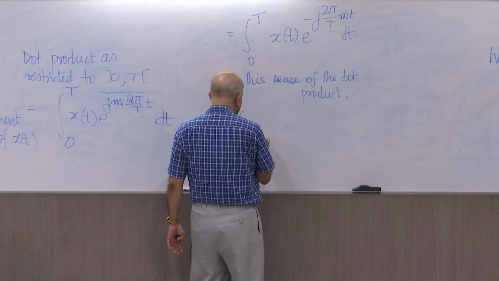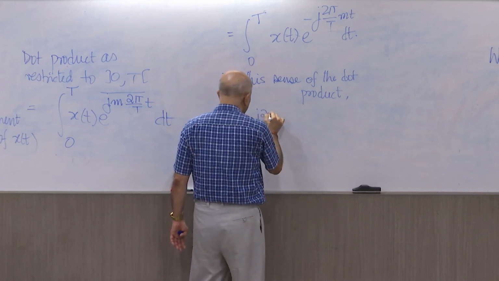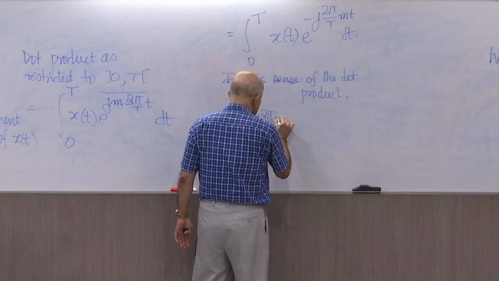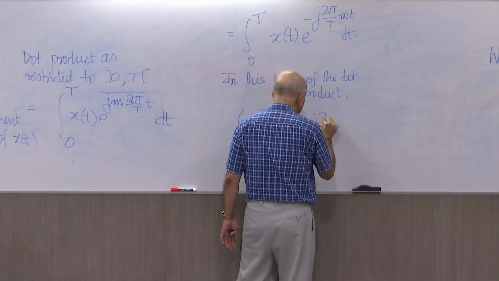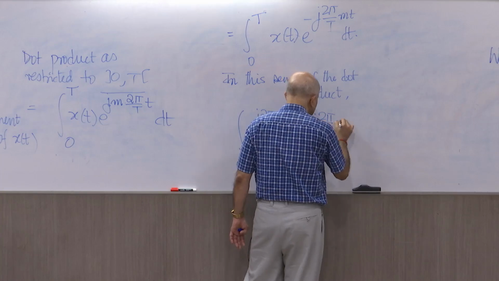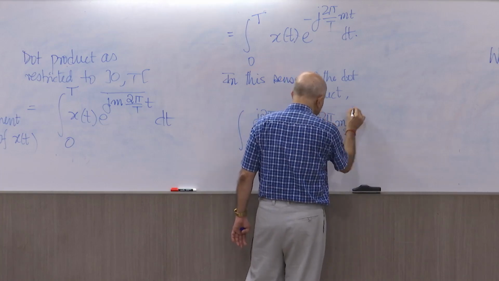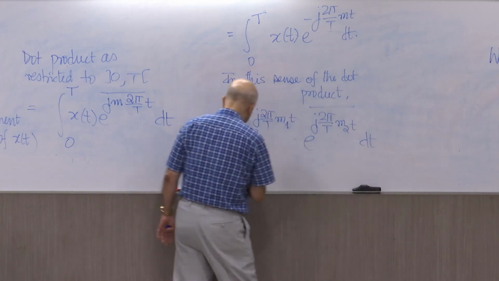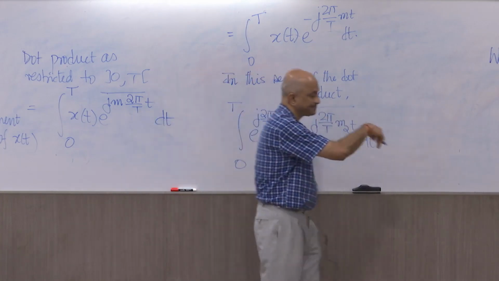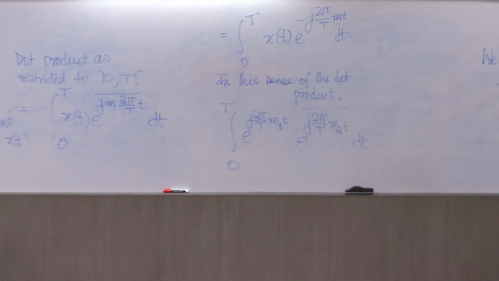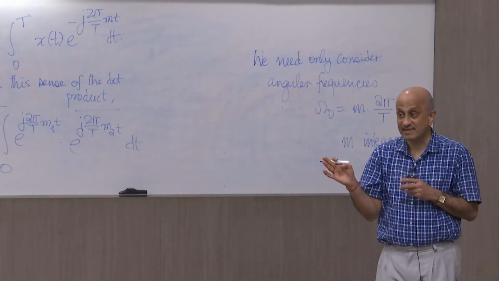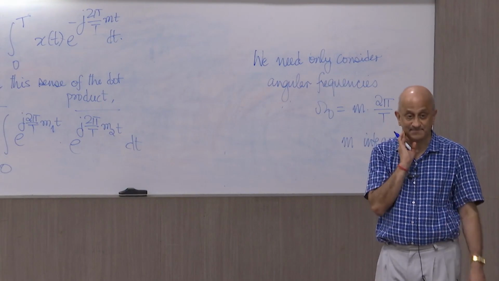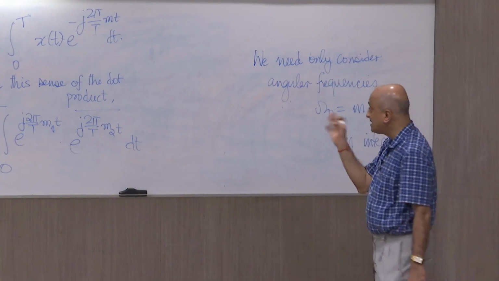So you have e raised to the power j 2 pi by T times m1 t and e raised to the power j 2 pi by T times m2 t complex conjugate dt integrated from 0 to T. So I am looking at the dot product of two such in this sense of restricting it to 0 to T. Right?